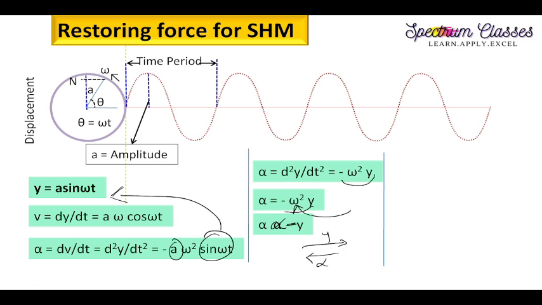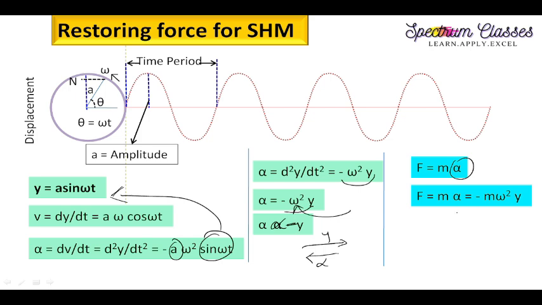And if we apply Newton's law, F is equal to ma, then on putting the value of alpha, which is equal to minus omega square y, we get minus m omega square y. Since mass is constant for a given body and omega is constant for simple harmonic motion, m omega square is altogether a constant, and that is called the force constant of the spring, right?